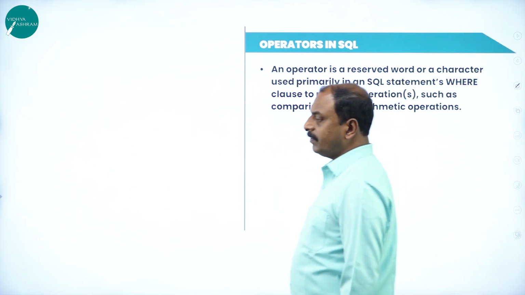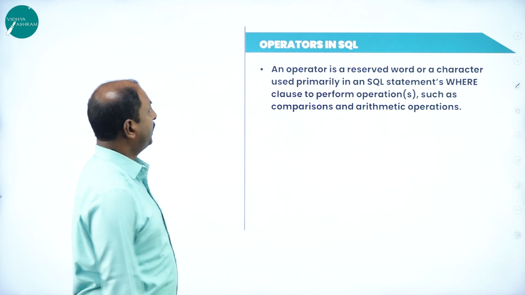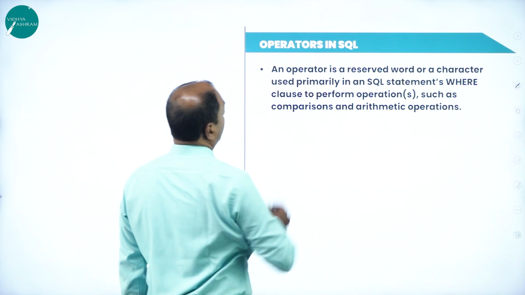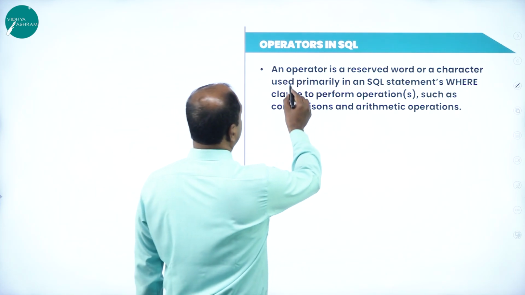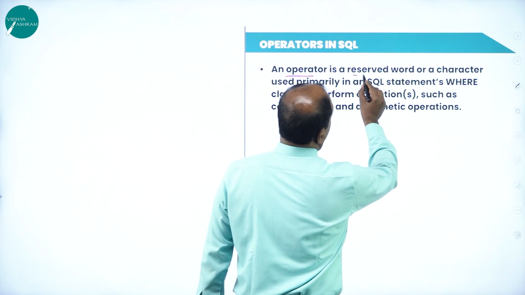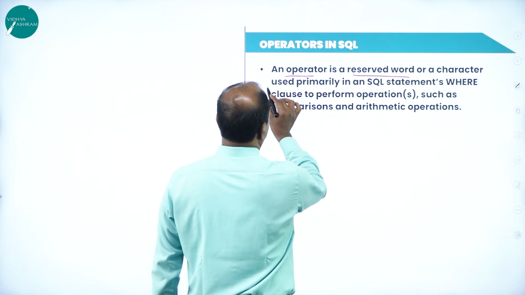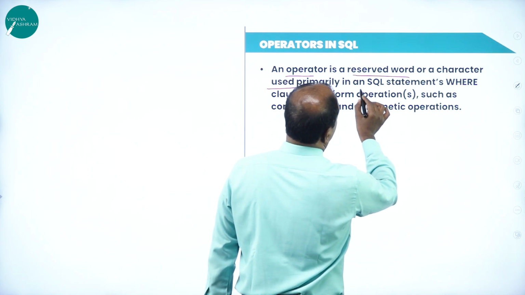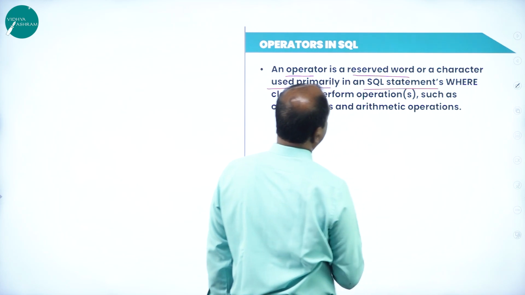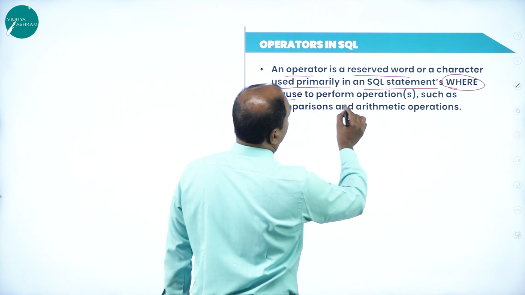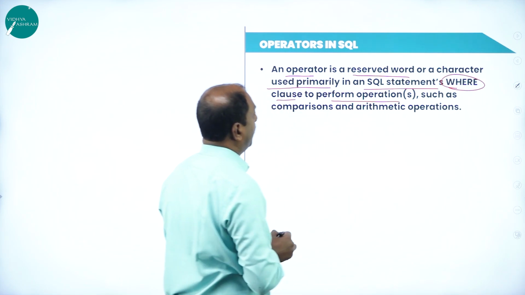In the next slide, we will see what operators are in SQL. An operator is a reserved word or a character used primarily in SQL statements with the where clause to perform different operations.